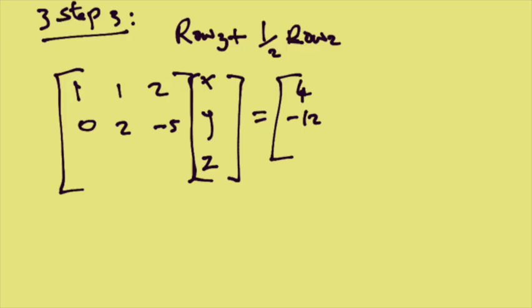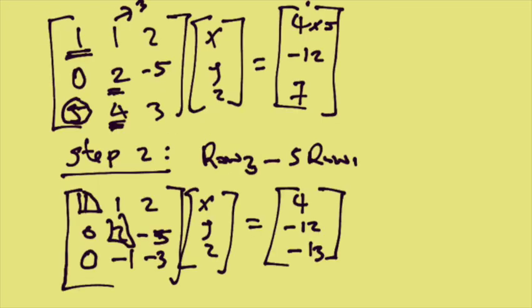So half of row 2 will be 0, 1, then 5 halves. Plus negative 7. Let's go back and see.